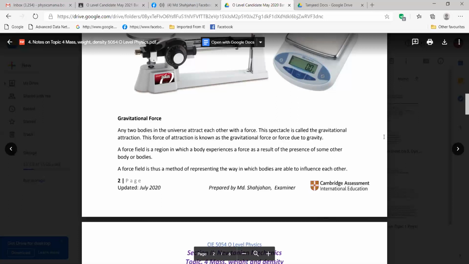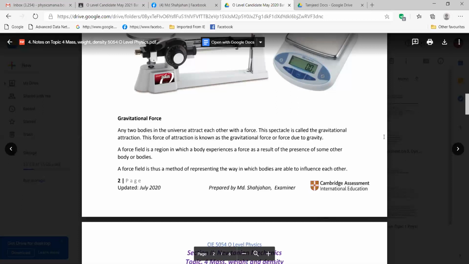And we have two other points about gravitational force. Gravitational force depends on their distance. Gravitational force depends on their mass. Like your mass and your grandfather's mass, these are very close, right?